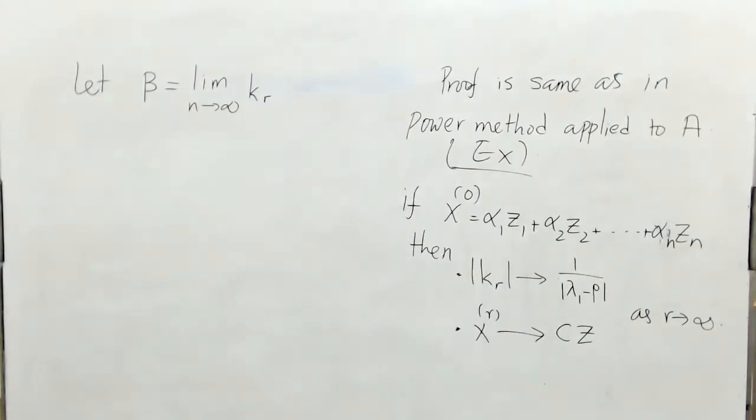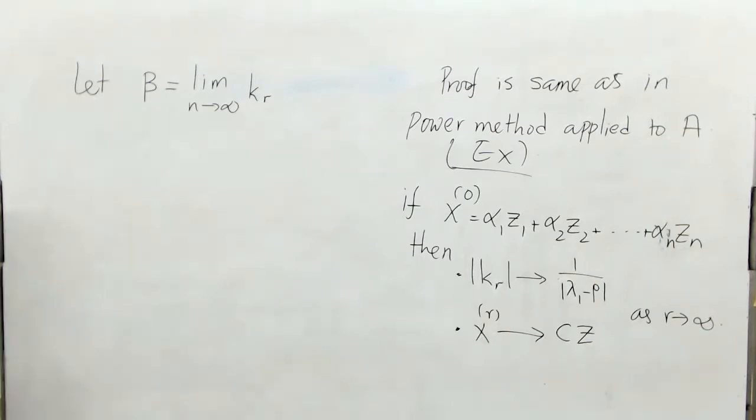Let us say beta is the approximation, so the limit of kr is equal to beta. You can get that from there, the exact value.